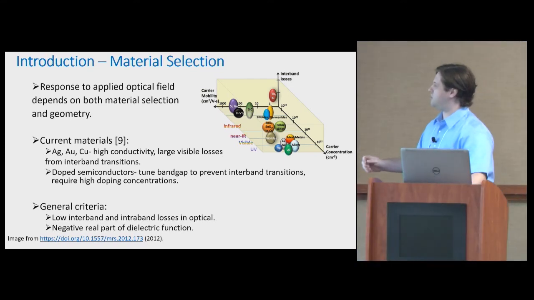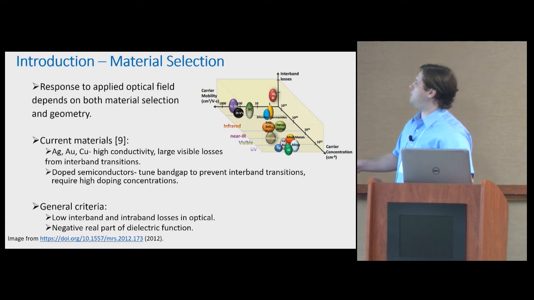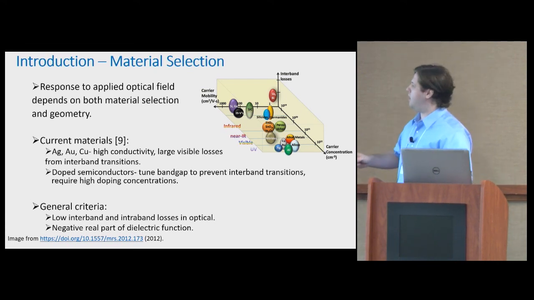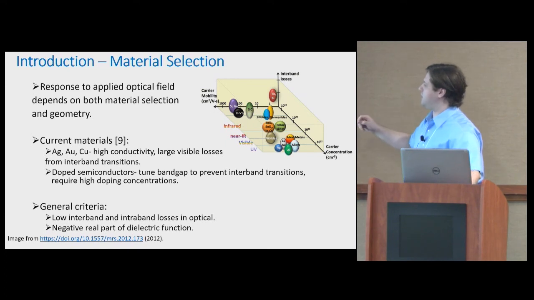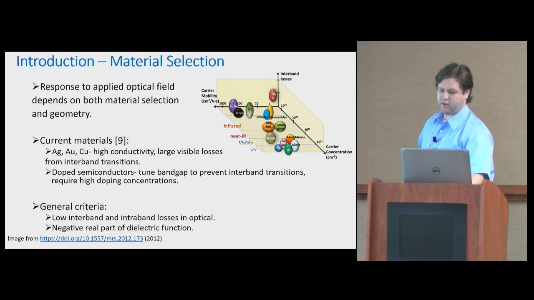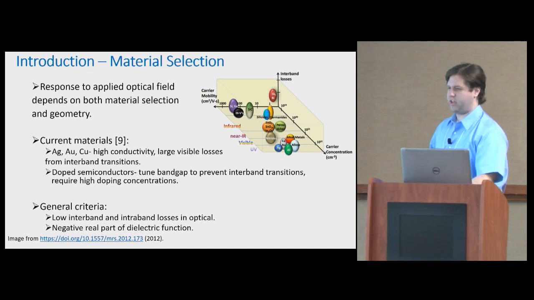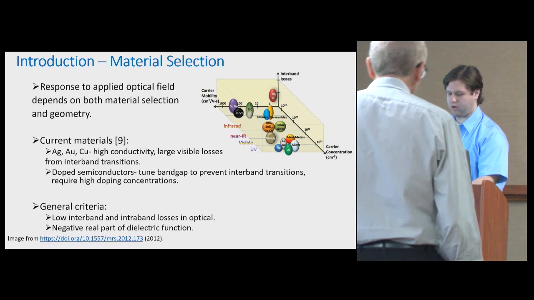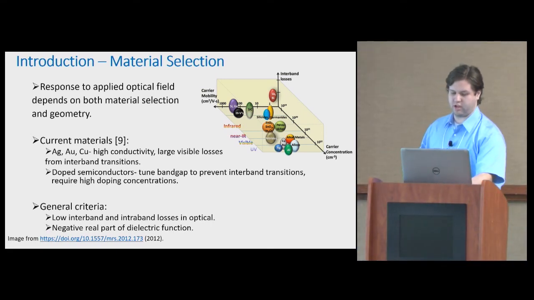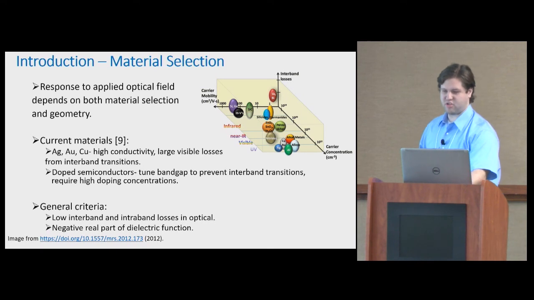So in this figure, there are three quantities shown. On the vertical axis, interband losses. On the axis coming out, carrier concentration, and along the page, carrier mobility. Ideally, for a plasmonic material, you want a high carrier mobility and low interband losses so that the plasmonic oscillation can continue for a long amount of time, and carrier concentration you would tune based on the particular application of interest.